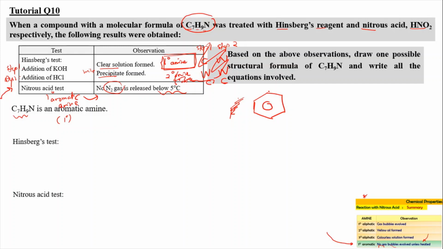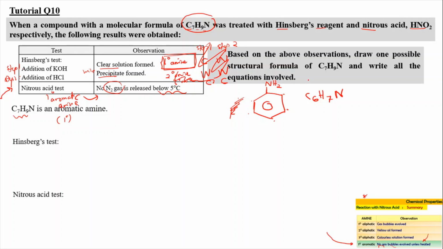Okay, so you're going to have 1, 2, 3, 4, 5, 6 carbons, and then you can form an aromatic amine where you can put NH2 here. Okay, so if you were to count the number of carbons, you're going to get C6. And then hydrogen, you're going to get 7, because 1, 2, 3, 4, 5 add up with 2, and then nitrogen, you're going to get 1.